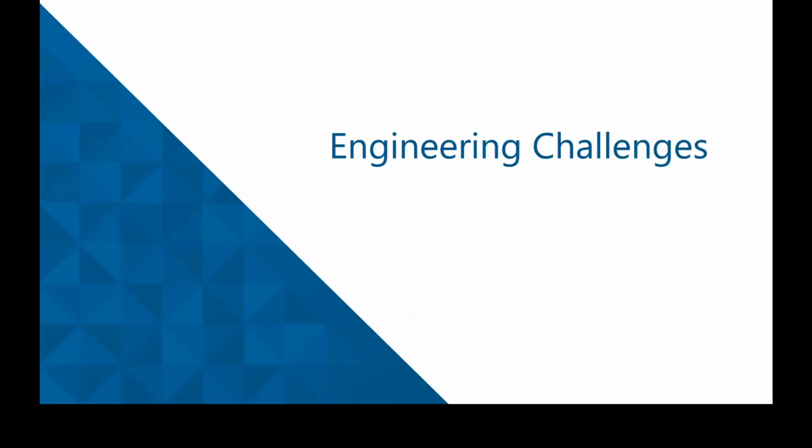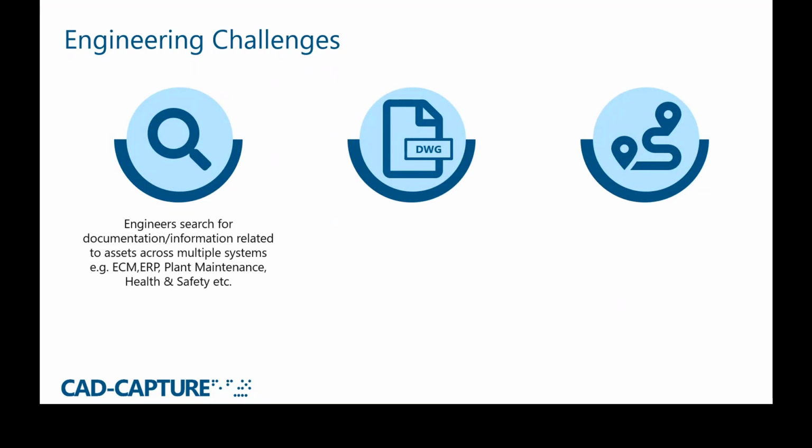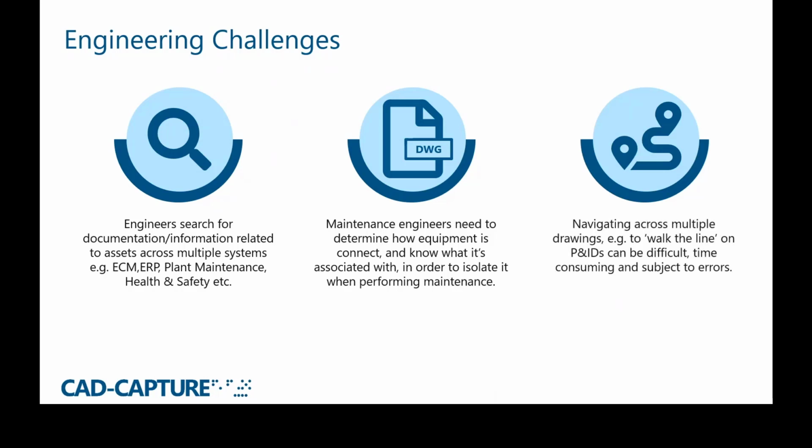So in terms of the engineering challenges that specifically we can help address, some of the ones that we see often here. Firstly, engineers searching for documentation and information related to specific assets across multiple systems, so ERP, enterprise content management, plant maintenance, etc. We have the maintenance engineers who are trying to determine how equipment is connected and what it's associated with, in order to isolate that equipment when performing maintenance and overhauls.